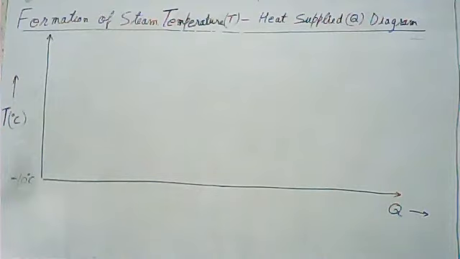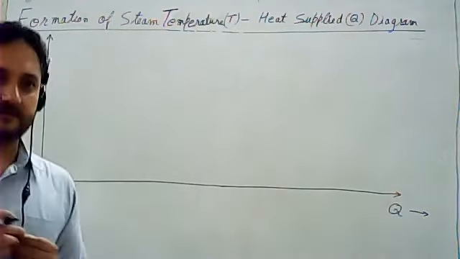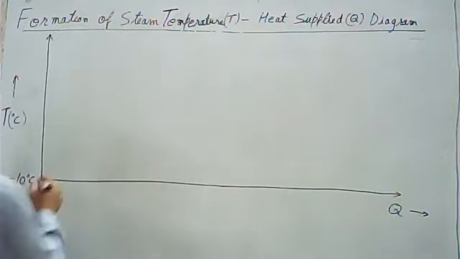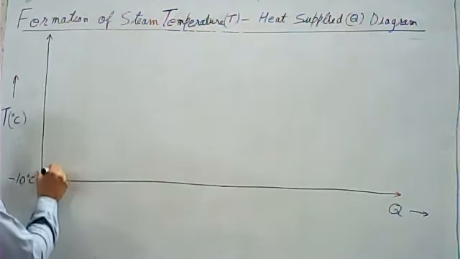So we started from the solid state. At the start here, the temperature is -10 degrees centigrade. So what we did was we started adding heat. As we started adding heat, the temperature of the ice increased.